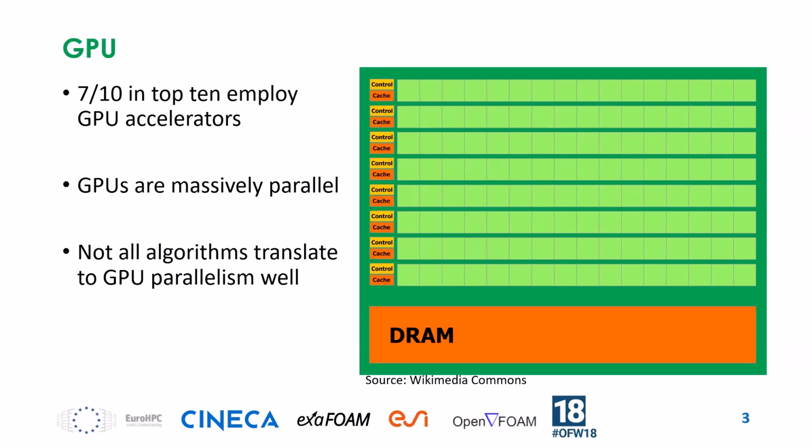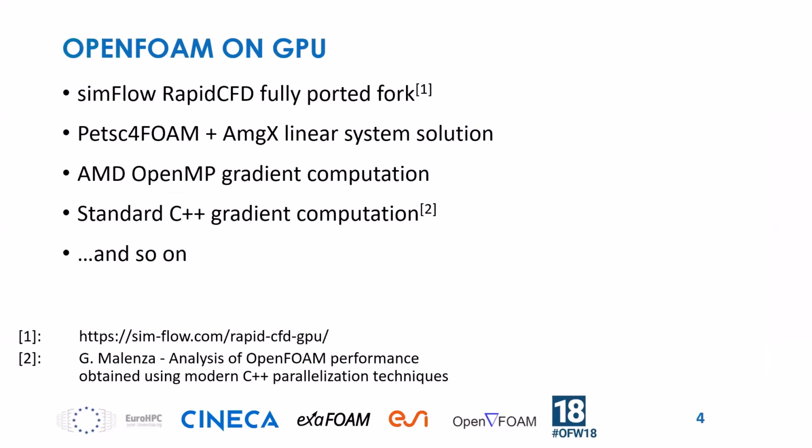This means that it's not trivial how to translate an algorithm to fully exploit the potentials of a GPU. And often when we are working with existing codes, like for example OpenFOAM, the question that arises sometimes is whether we should just port the code as it is, or whether we should start to rethink some of the core structures or core assumptions of the code in order to better take advantage of this architecture.